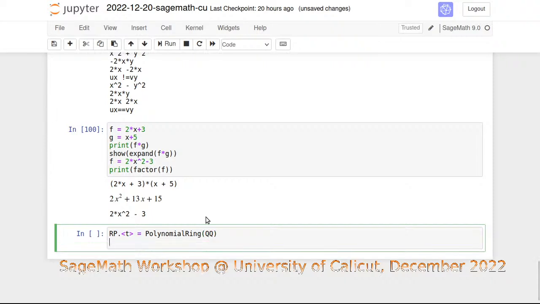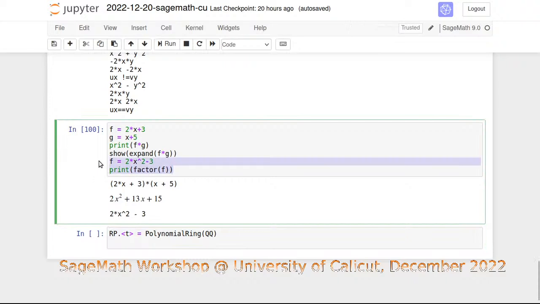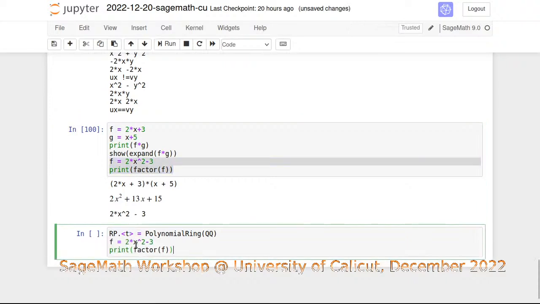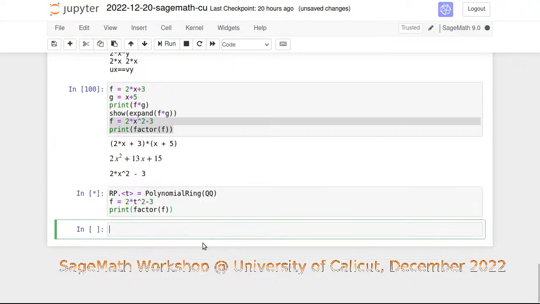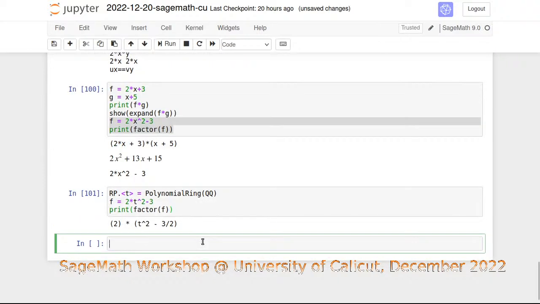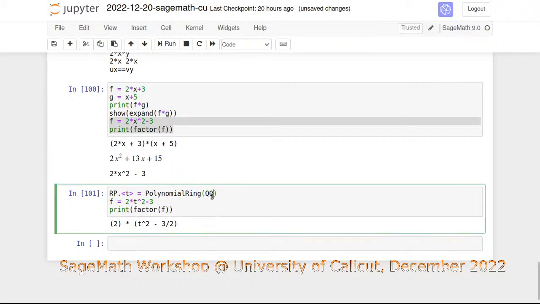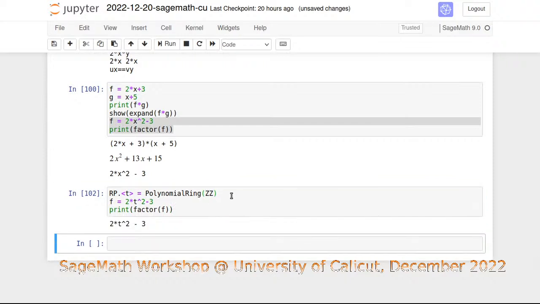So if you do this, then now if you try to factor, the factorization is just this. Even previously, we didn't even get this. Now suppose that we use this instead of Z. So the factorization is simply this.